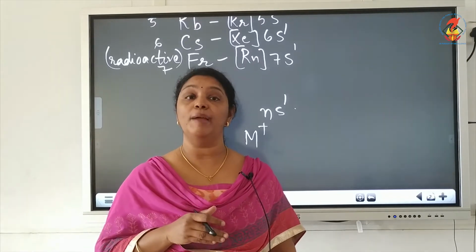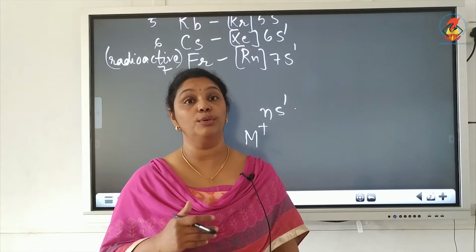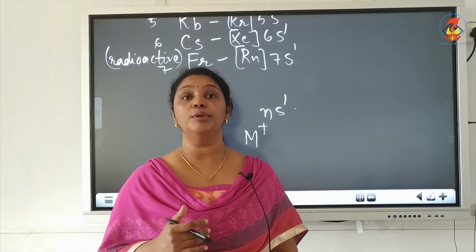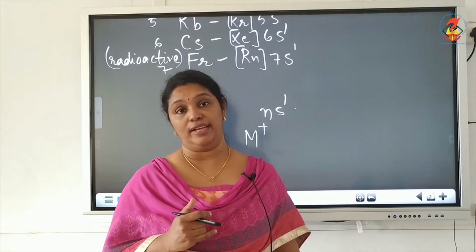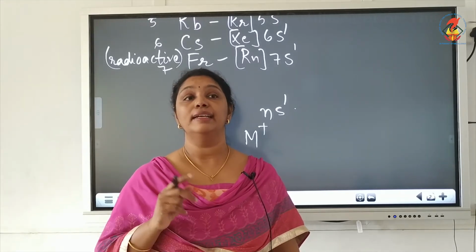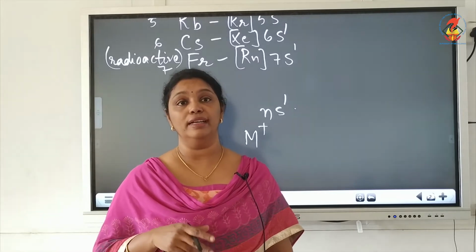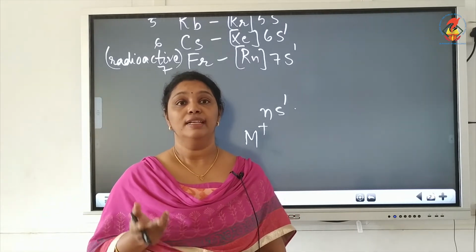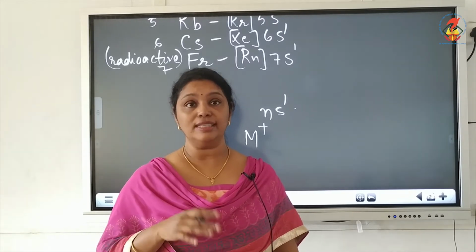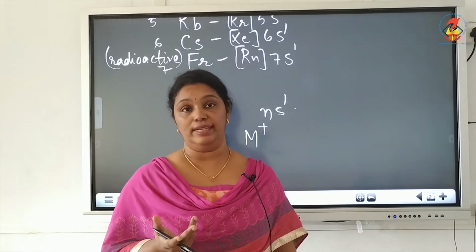But down the group atomic number increases, so nuclear charge increases. Also, when you move down the group, there is screening effect, and that increase in screening effect is more than the increase in nuclear charge. So, what happens? Z effective decreases and the size increases.